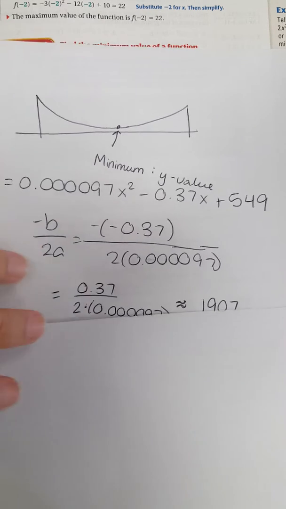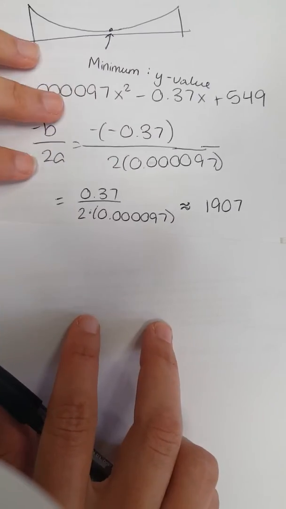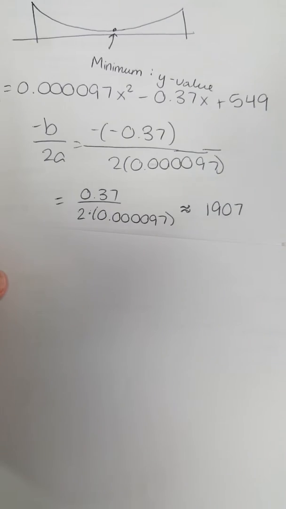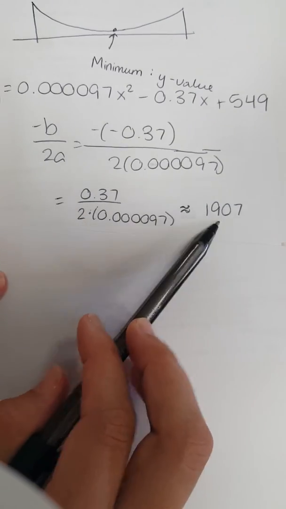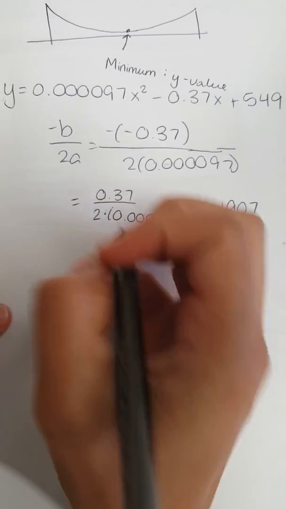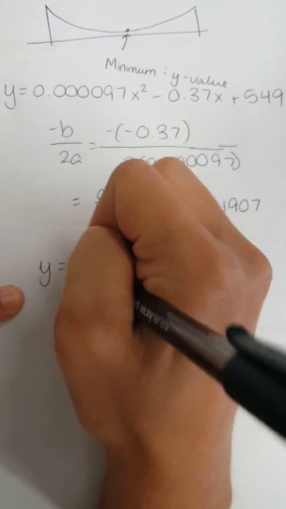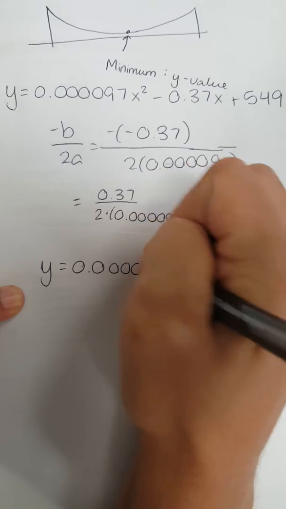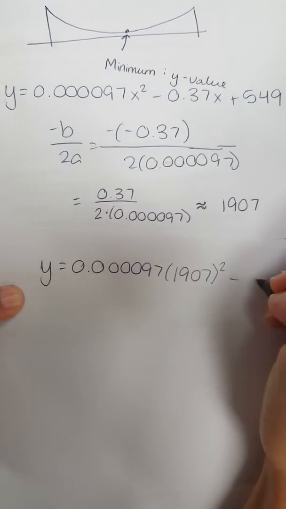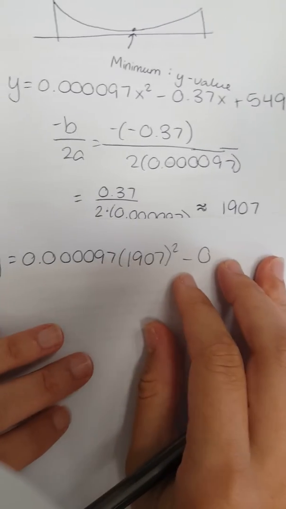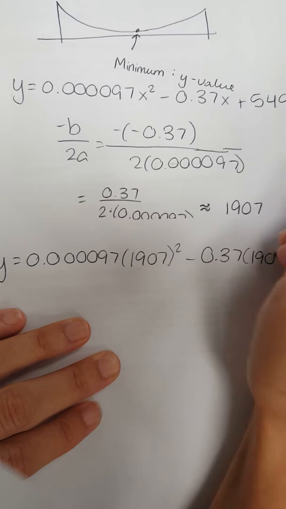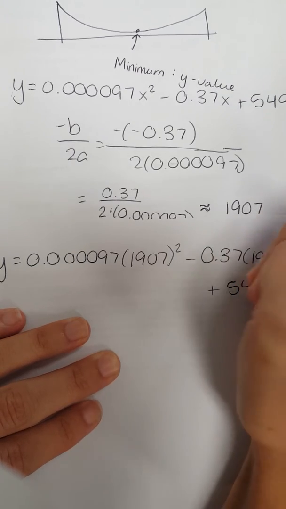Okay, so now knowing that, did we find the minimum yet? Did we find the y value? Not yet. So we use this inside of our equation to find the y, right? So y equals 0.000097 times 1907 squared minus 0.37 times 1907 plus 549.